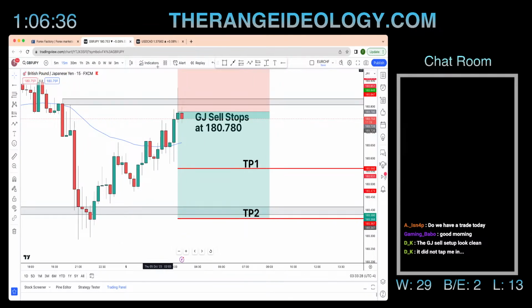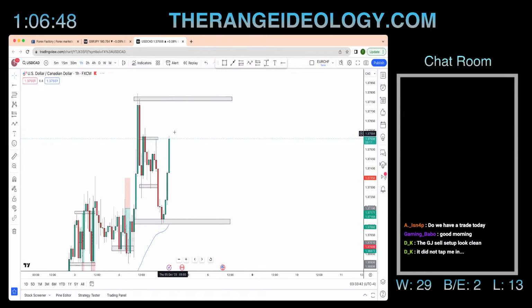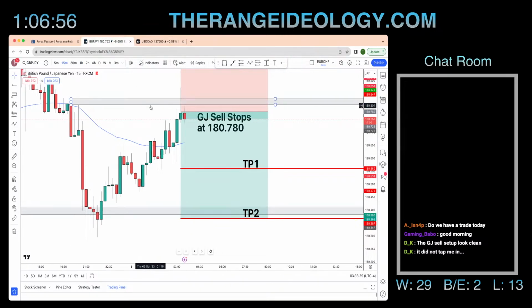Yeah. USD CAD, meanwhile, we can look that it may retrace here slightly, as it is an area of resistance here, but we could see that the full hour can close all the way to the top here at 0.37760. So let's see how that plays out.